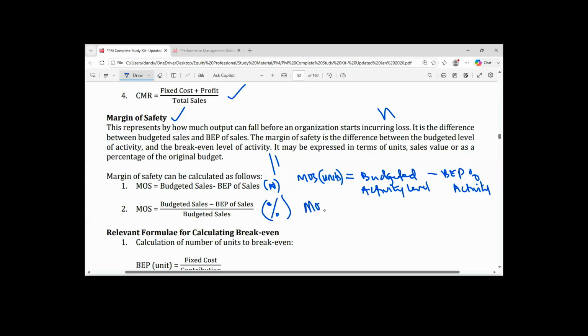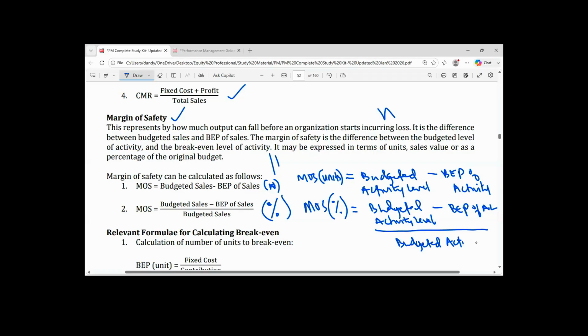So margin of safety in percentage units can be budgeted activity level minus break-even point of activity level over budgeted activity level.